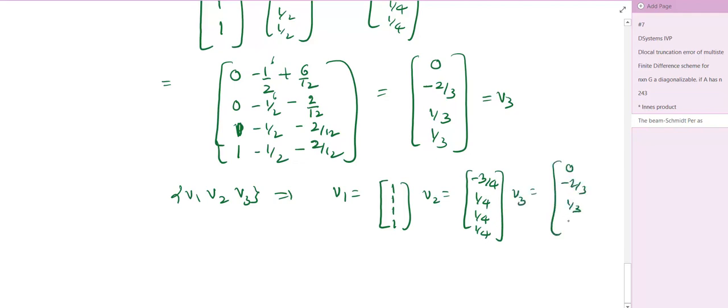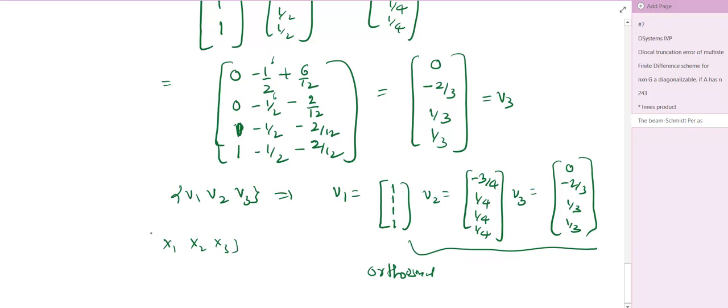So these are the three vectors which are now orthogonal, an orthogonal set of non-zero vectors. Therefore the non-orthogonal vectors x1, x2, x3, by using the Gram-Schmidt process, we have converted into orthogonal vectors.